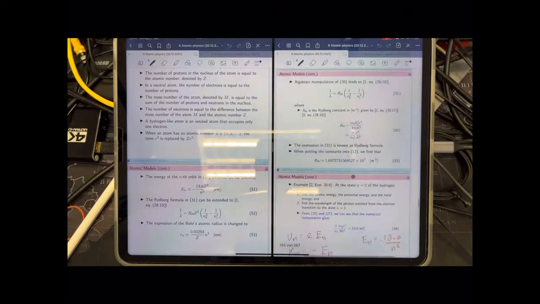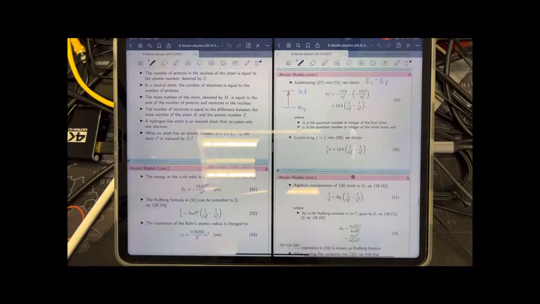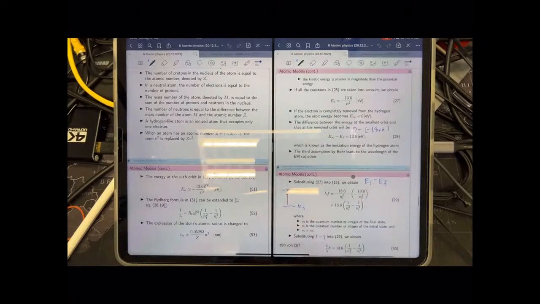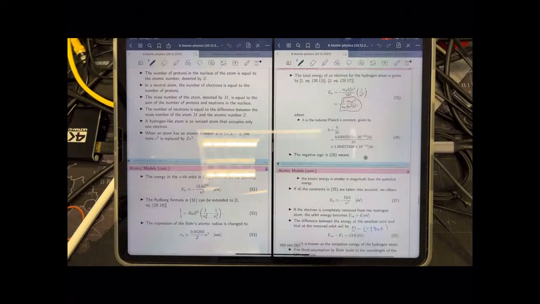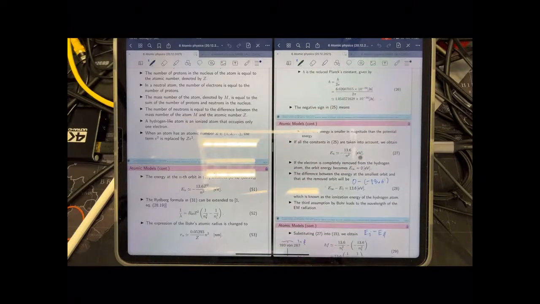Okay, it's the Bohr expression right here.